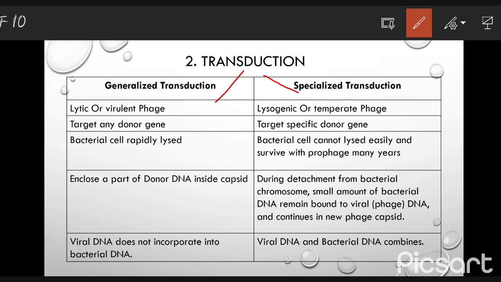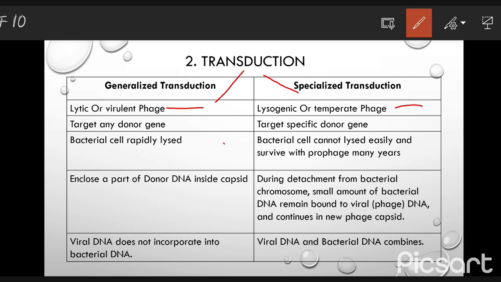Generalized transduction is carried out by lytic or virulent bacteriophage, while specialized transduction is carried out by lysogenic or temperate phage, because bacteriophage have two life cycles, that means the lytic cycle and lysogeny.